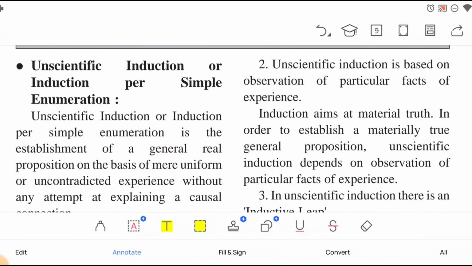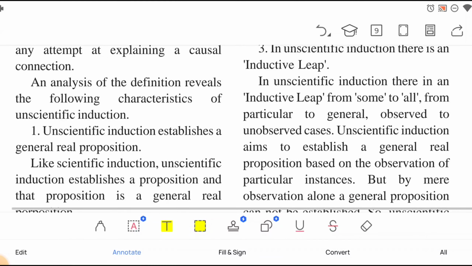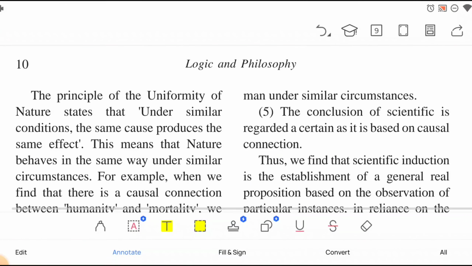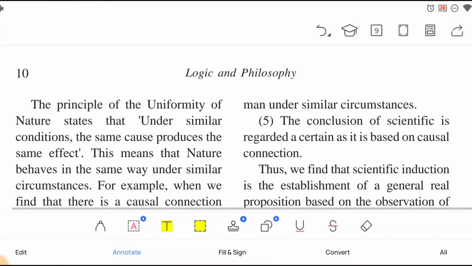If you have understood what is induction, scientific induction, analogy and unscientific induction, and you are clear with the definitions, then if you read the lines given, you can understand the differences and similarities quite well. And if you have any doubt, I will discuss it in the next video.